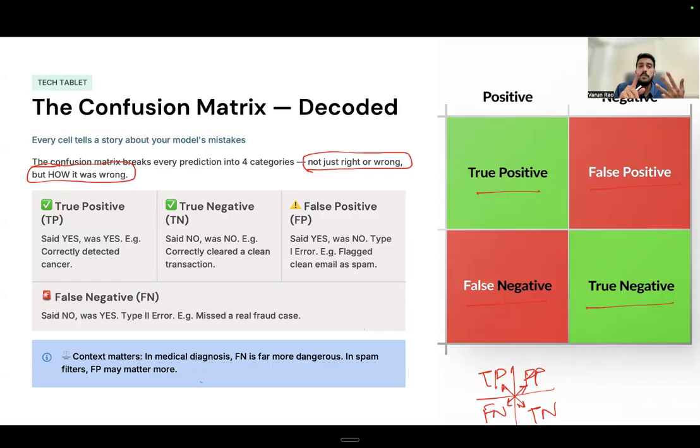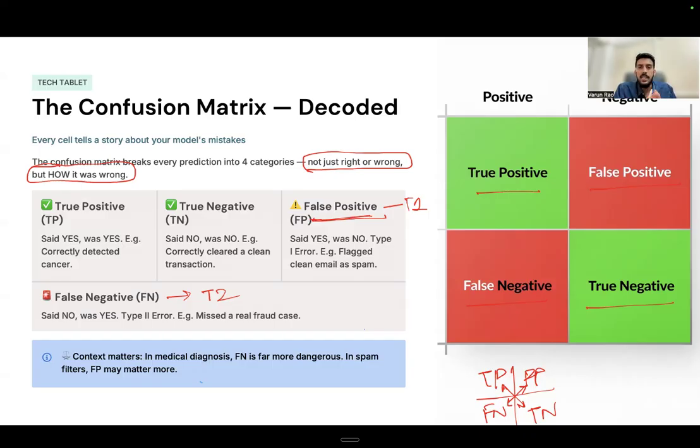Then you have false positive, which means the person has no cancer, but he was detected with cancer. Now, this is called a type 1 error. Please remember, both the false values: false positive is called type 1, and false negative is called type 2, right? Type 1 error and type 2 error, both of them are the ones that you need to avoid.